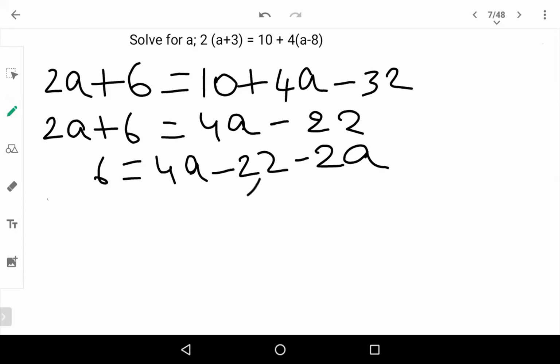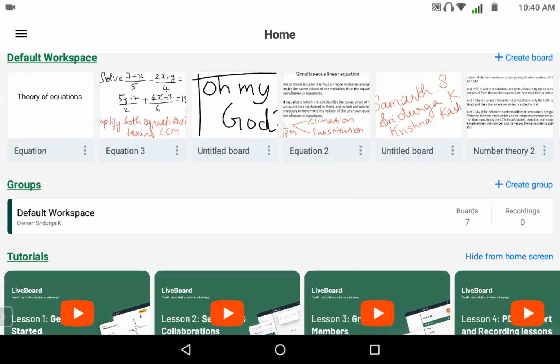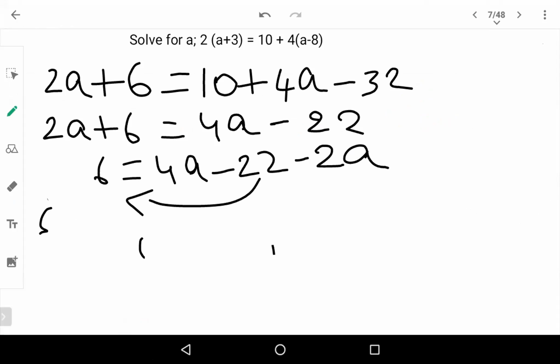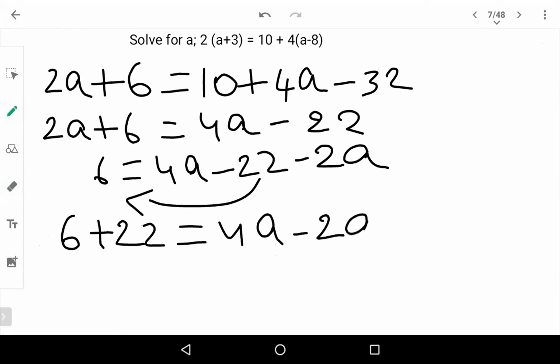Now I'll take 22 to the other side. So 6 plus 22 is equal to 4a minus 2a. So 6 plus 22 will be 28 is equal to 4a minus 2a will give you 2a.